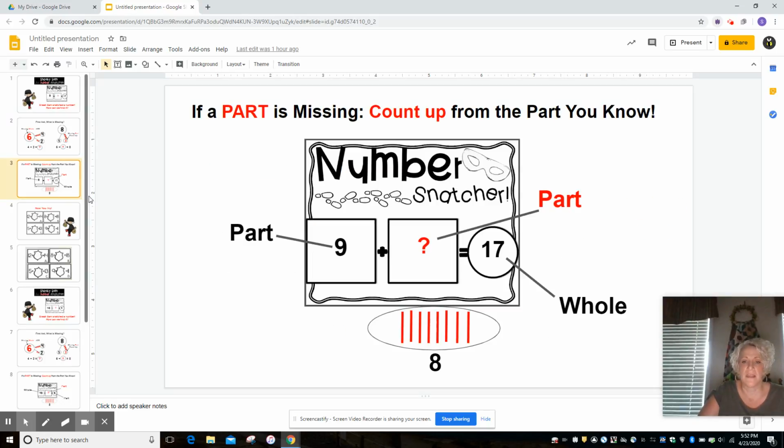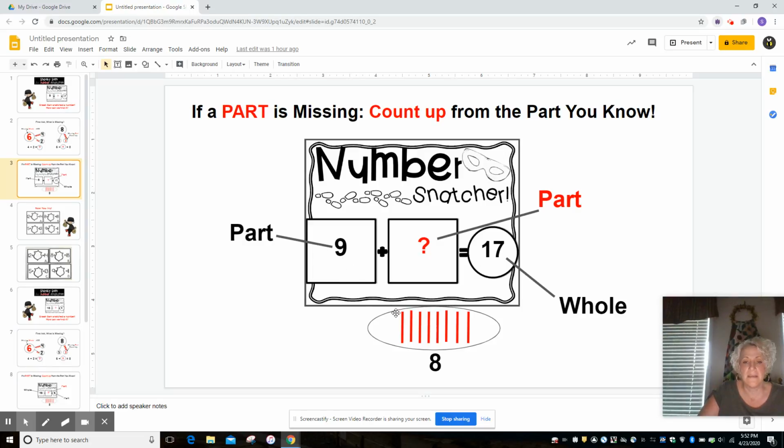Let's look at that again with a bigger problem. Here's my problem: 9 plus something equals 17. We have the part 9, we're missing a part, and we know the whole. So I'm going to use the part I know and count up to the whole. I'm going to start at 9, make my marks and count up, and stop when I get to 17.